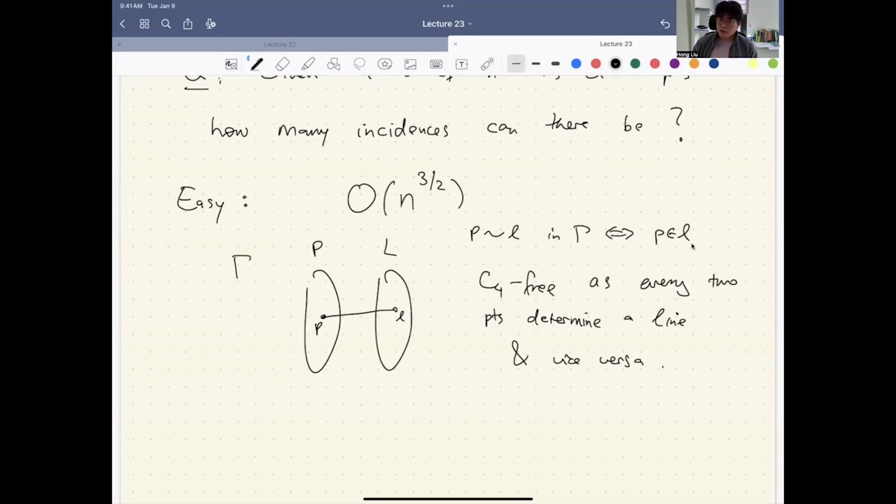We cannot have 2 lines intersecting at 2 points. That's what C4-free means. So you have an n by n vertex C4-free graph. It has an extremal number. And the number of edges is the number of incidences, right? The number of incidences equals E of gamma, which is at most the extremal number of 2n vertices for C4, which is big O of n to the 3/2.